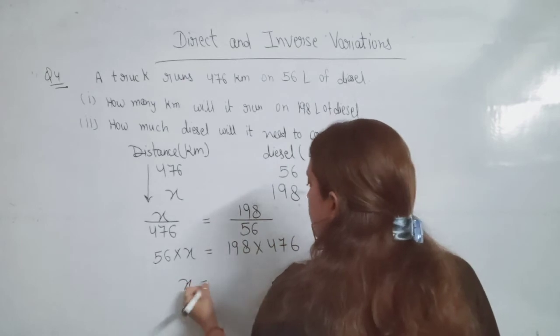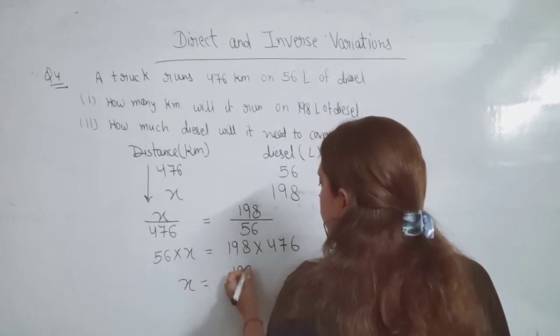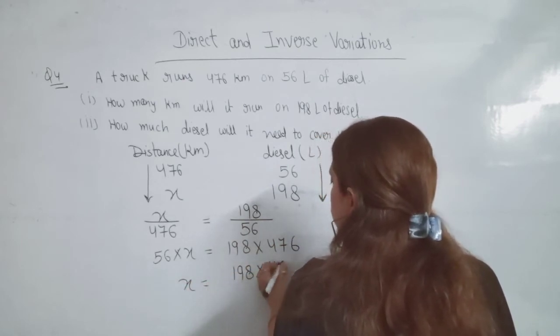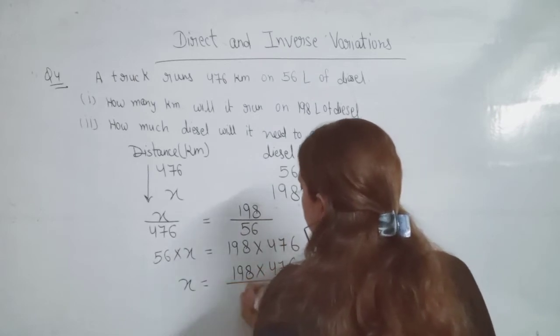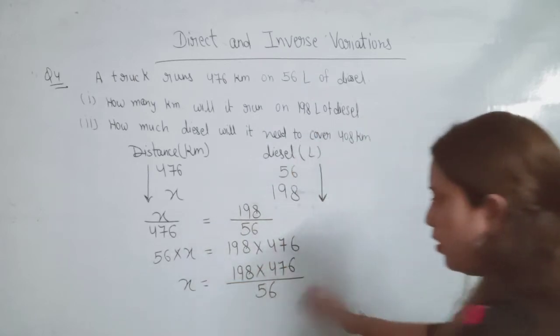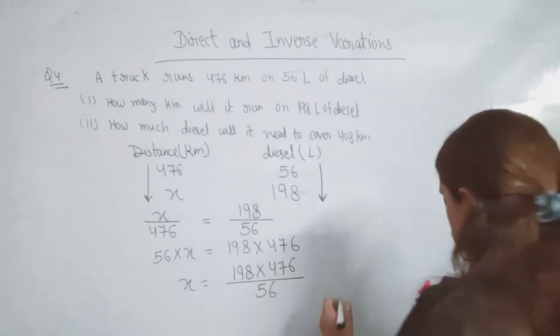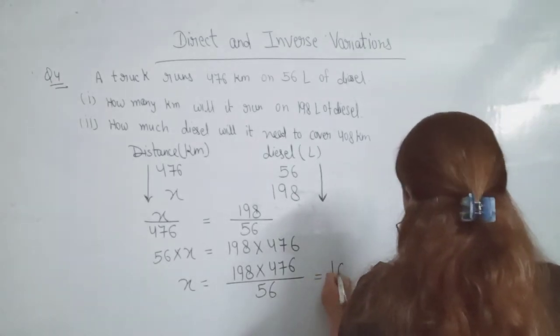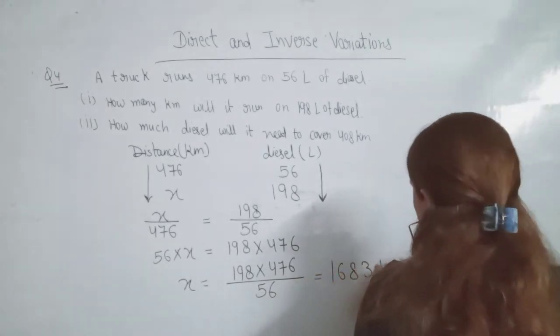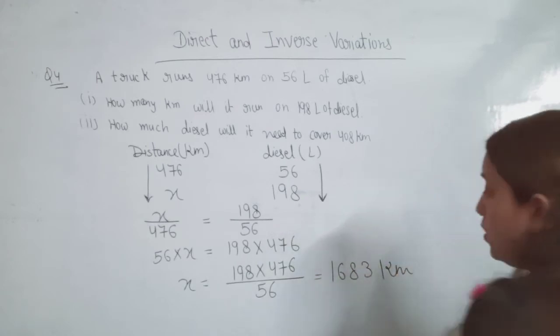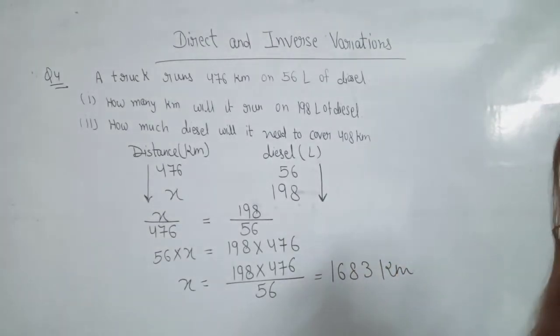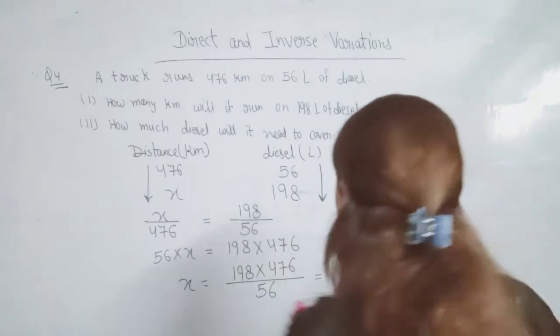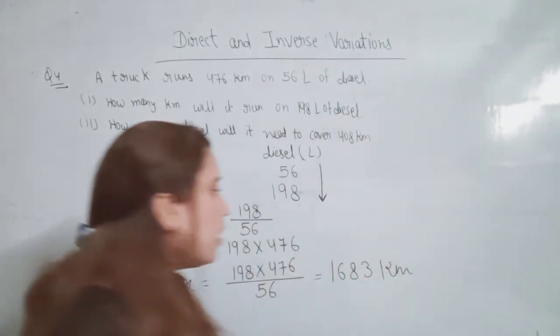So x will be 198 into 476 upon 56. When we solve it, the answer will be 1683 kilometers. Distance is 1683 kilometers. This is the answer.